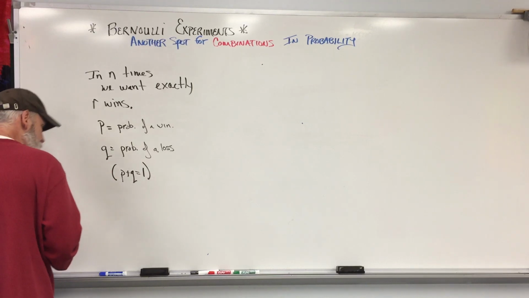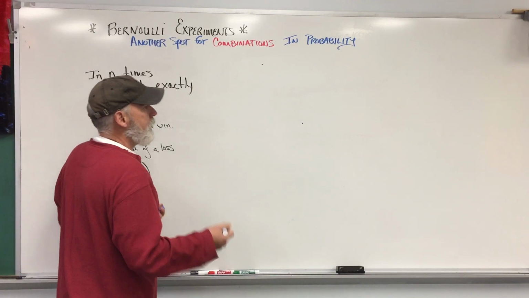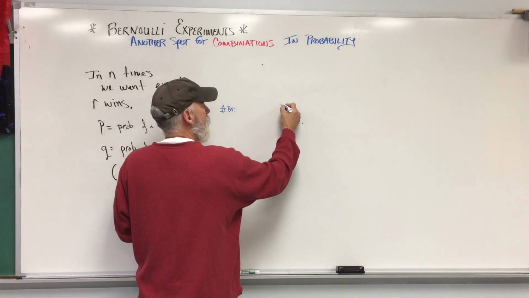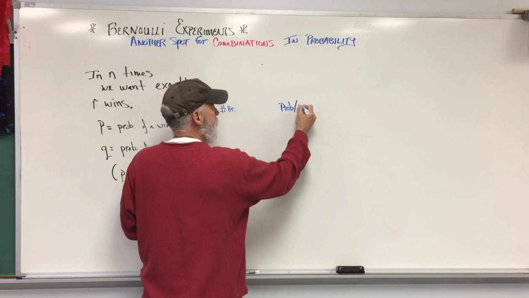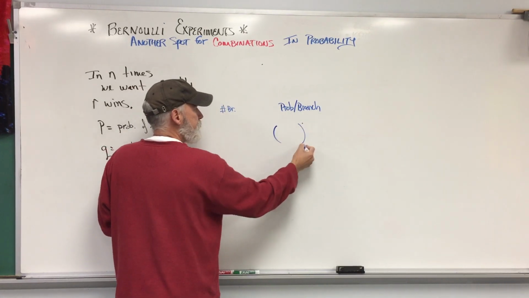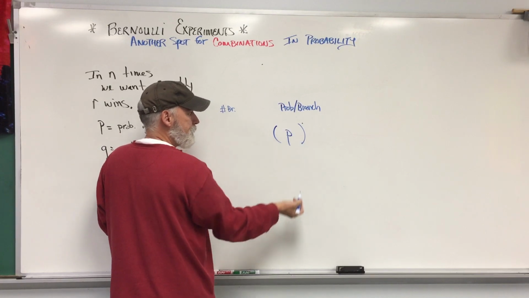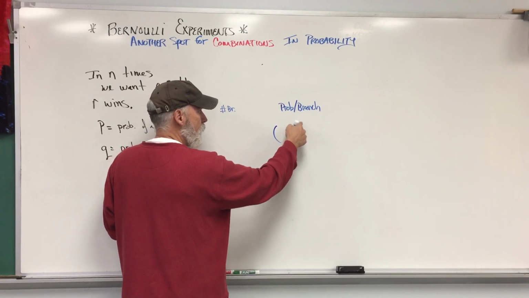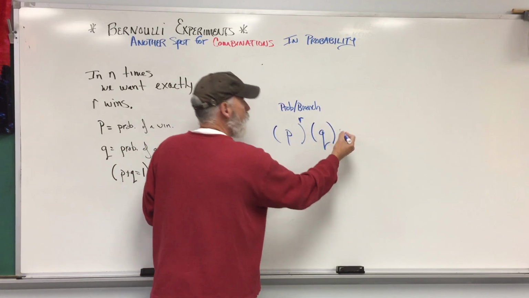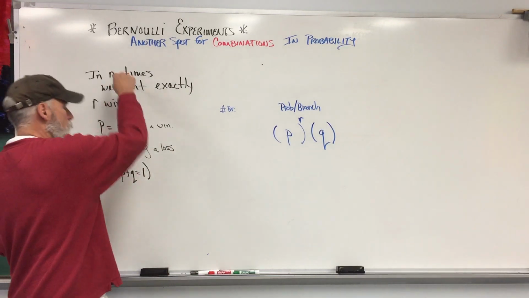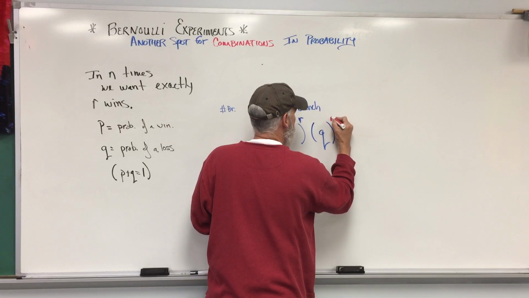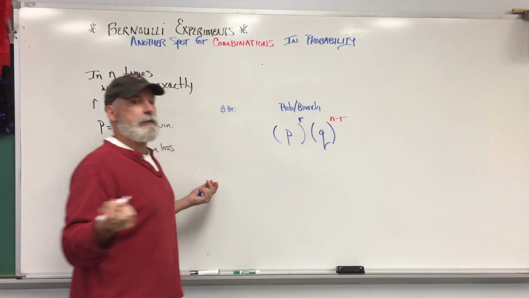Okay, well, here you go. Your formula has two parts to it. There's the number of branches, and there's the probability of a single branch, a single winner. The probability of a single winner will be: you want to win, P, you want to win R times, all right? Which means that you will lose the rest of the times. And there's a total of n, you win R, that makes this n minus R. In other words, what's left?